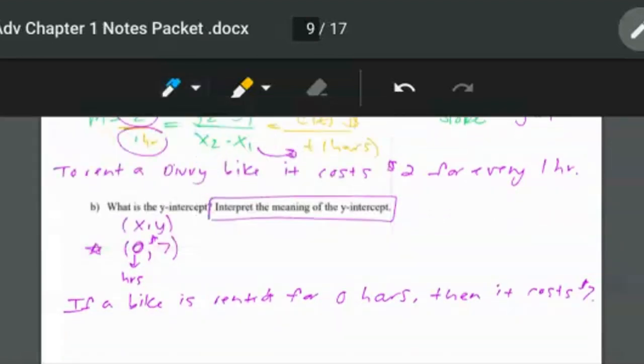You could say, the base fee to rent a bike is $7, something like that. Really, either is fine. However you want, you can write it as long as it makes sense.